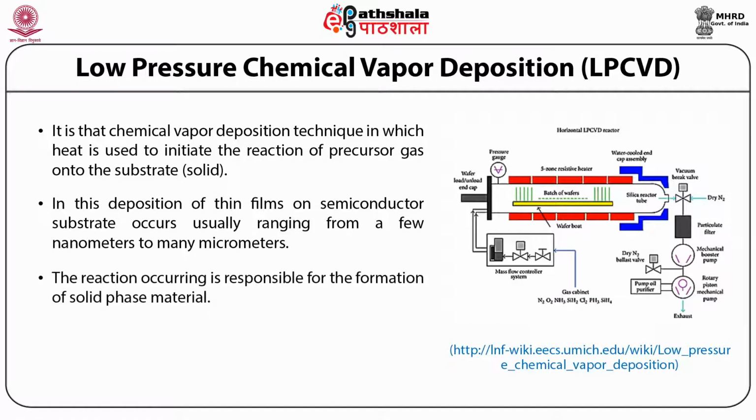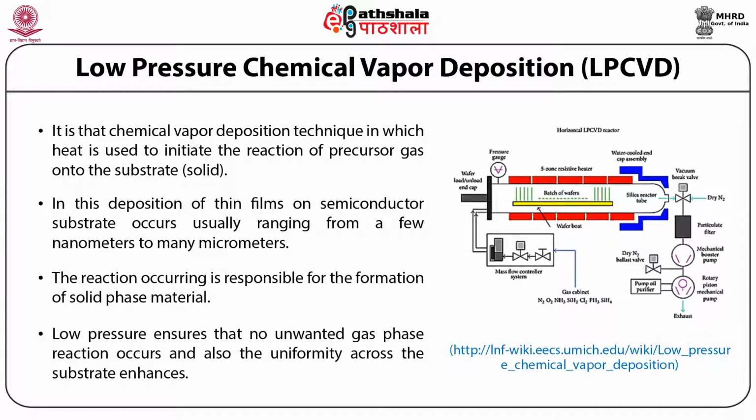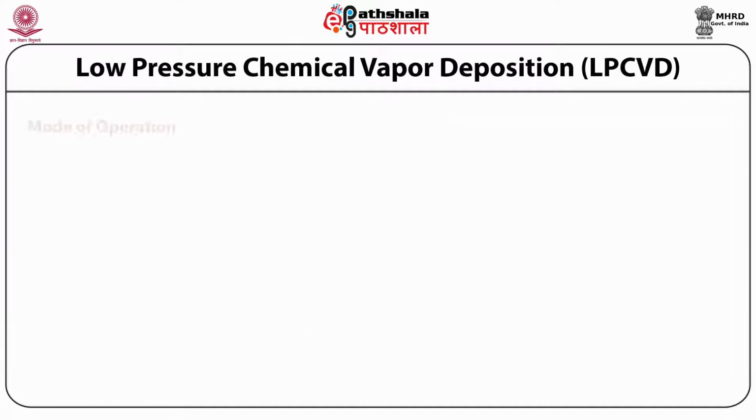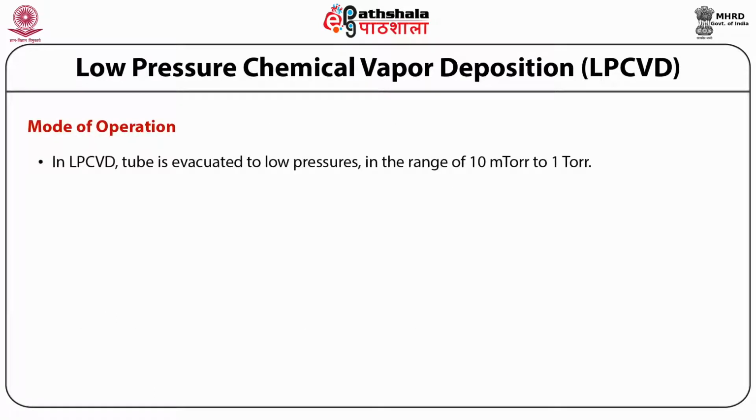Here the reaction occurring is responsible for the formation of solid phase material. Low pressure ensures that no unwanted gas phase reaction occurs, and also the uniformity across the substrate is enhanced. So, as evident from this figure, in LPCVD, the tube is evacuated to low pressures in the range of 10 millitorr to 1 torr.